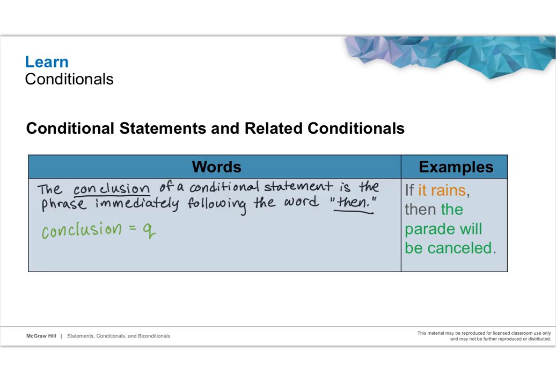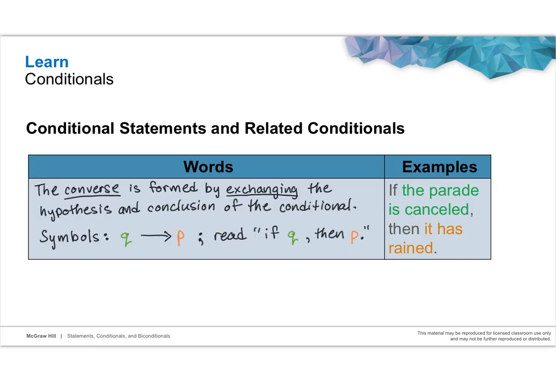So our hypothesis is the orange part, if it rains, and the conclusion will be following the word then, the parade will be canceled. Actually, I should say the hypothesis is just it rains, and the conclusion is just the parade will be canceled. We leave out the words if and then.